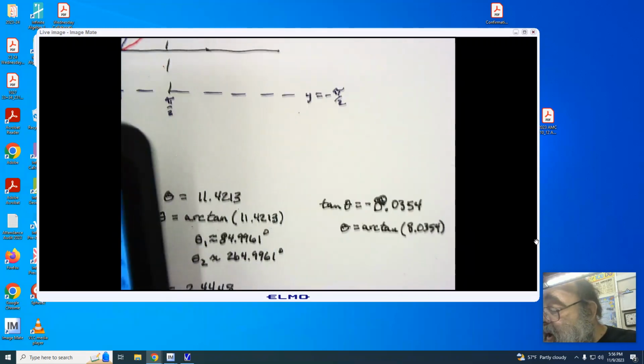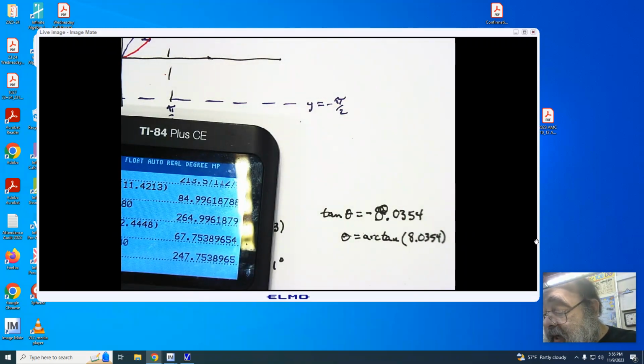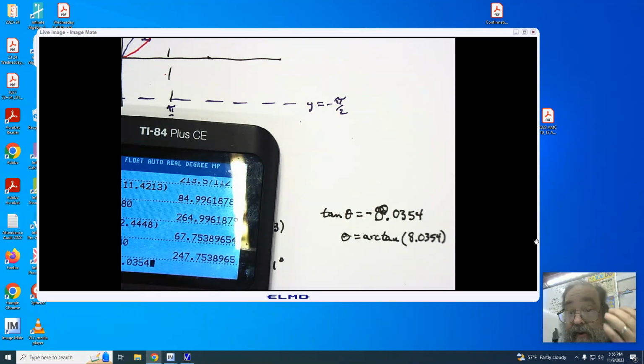We're going to put it into our calculator. Second tangent, 8.0354. Now we're going to get an answer that's between negative 90 degrees and 0. Once again, it's the opposite of the first quadrant. It will be the opposite of the reference angle we want to use. And we can find our first value in the fourth quadrant simply by adding 360. That'll give me 360 plus a negative reference angle.